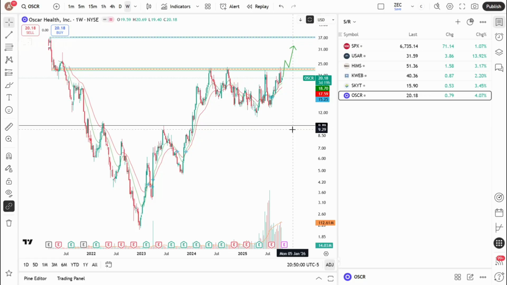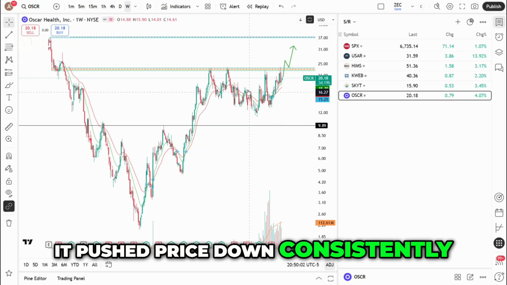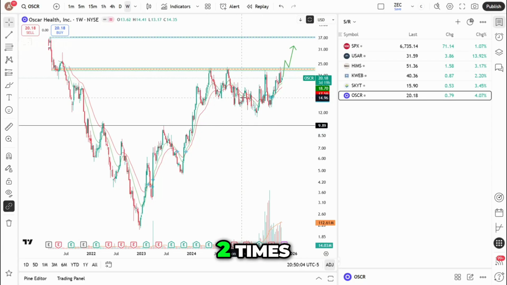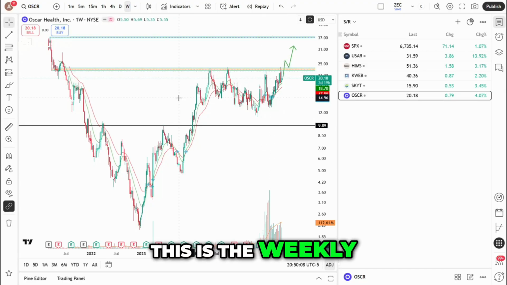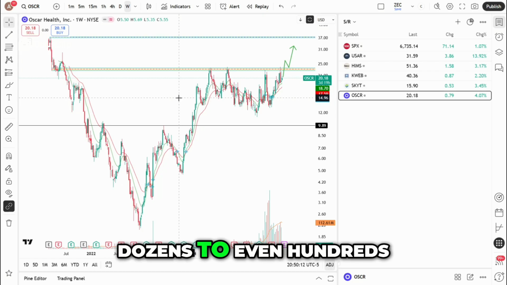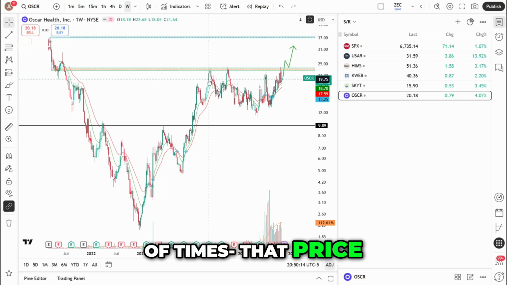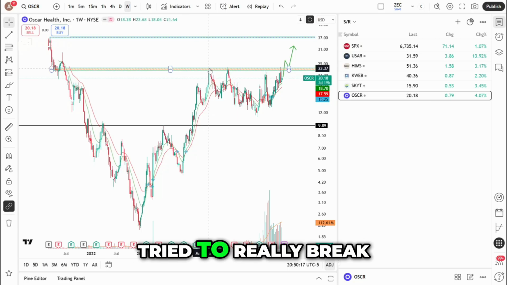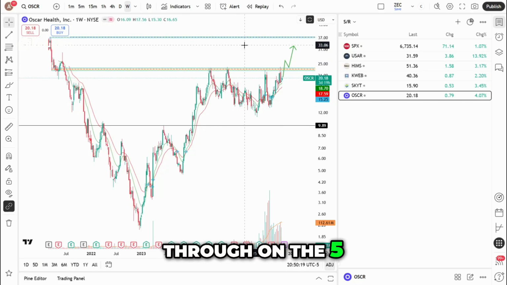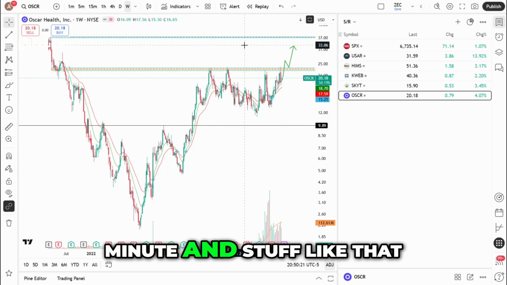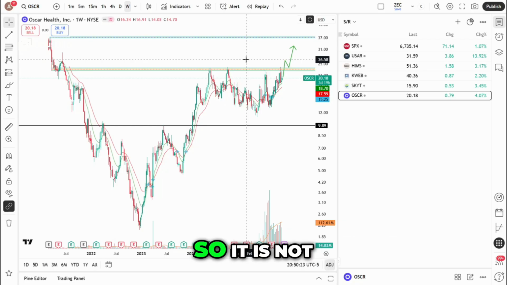No, it pushed price down consistently. So 1 time, 2 times, 3 times, 4 times, and keep in mind this is the weekly, so this could be dozens to even hundreds of times that price tapped into here and tried to really break through on the 5-minute and even 1 minute and stuff like that.